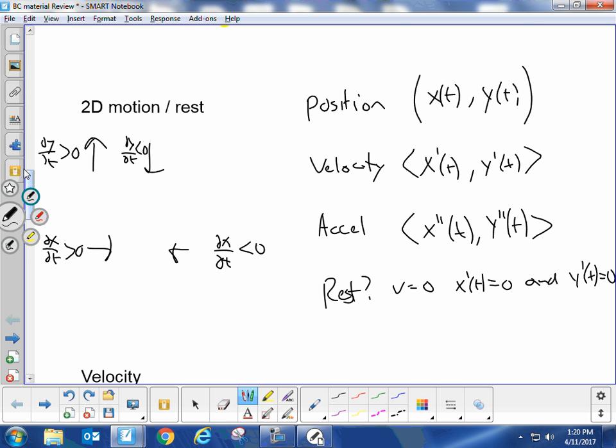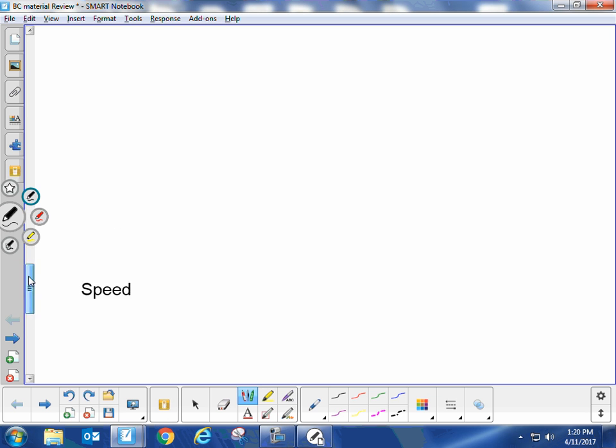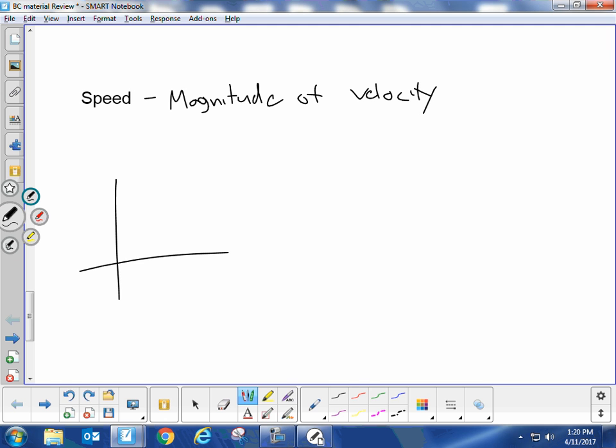What else? We talked about velocity. We got that. We got acceleration. Let's talk about speed. Speed is the magnitude of velocity. So it's velocity without direction. Typically, velocity can be looked at in terms of a vector. At this point in my graph, I am going in this direction at this magnitude. Well, the magnitude can be discovered using the Pythagorean theorem.